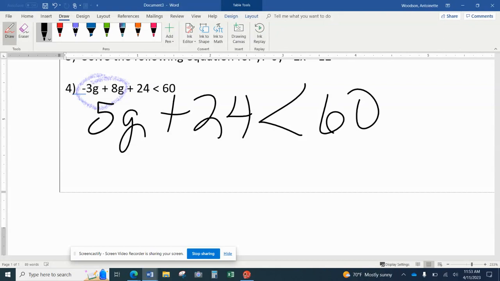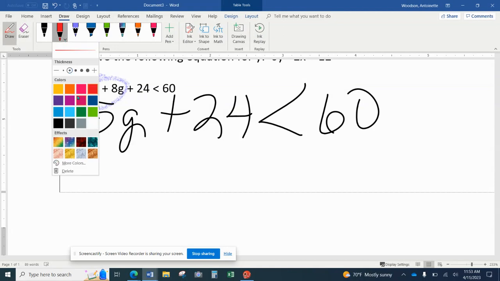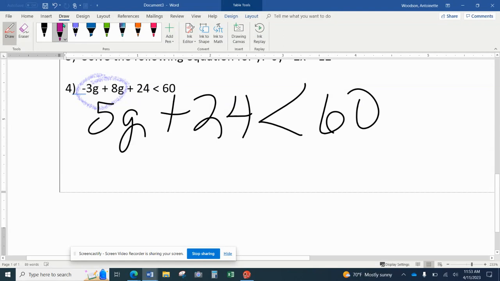Okay, now what do I have to move in order to get g by itself? What do I move first? Is 60 on the same side as the g? No, it's on the other side. What's on the same side with the g? 24. So how do I get 24 to the other side? What's the opposite operation of adding 24?